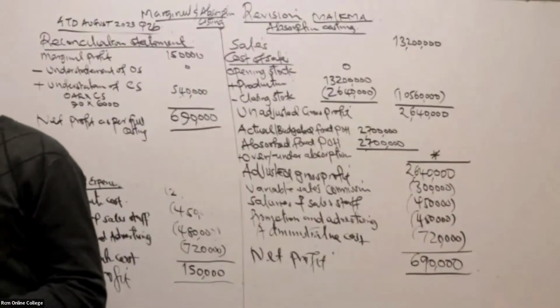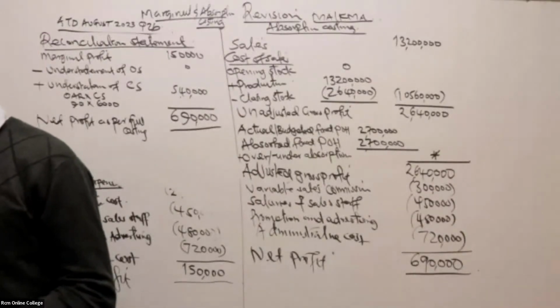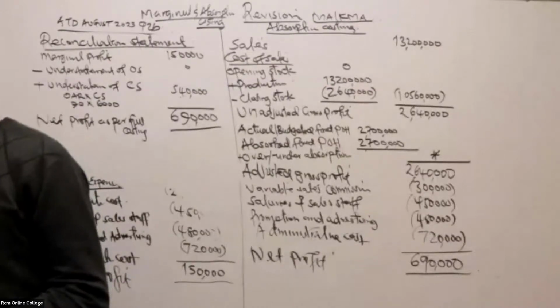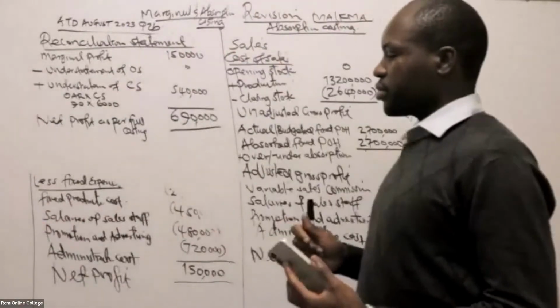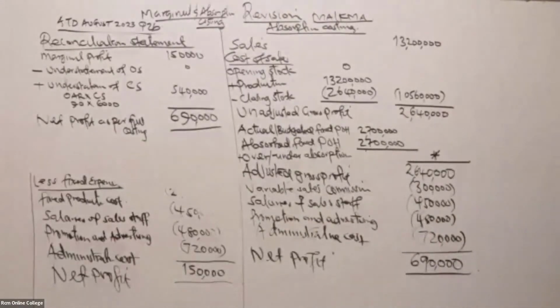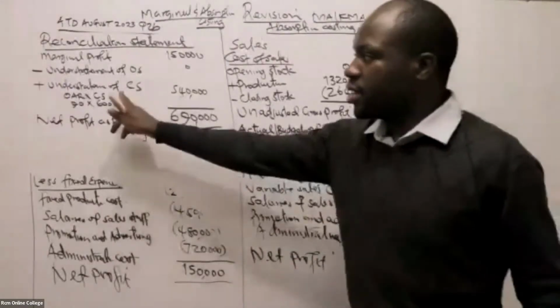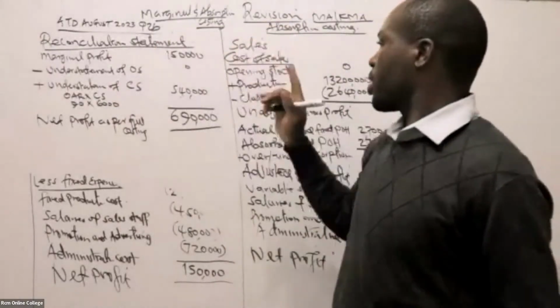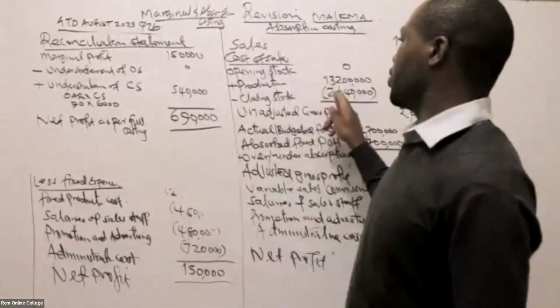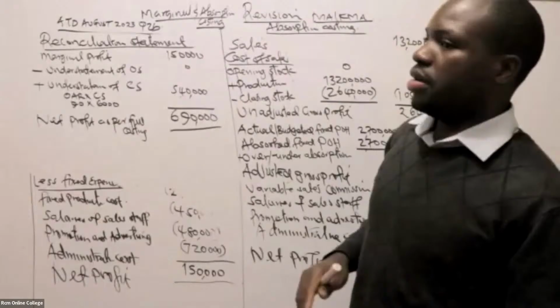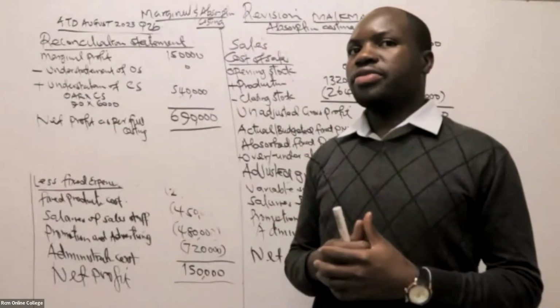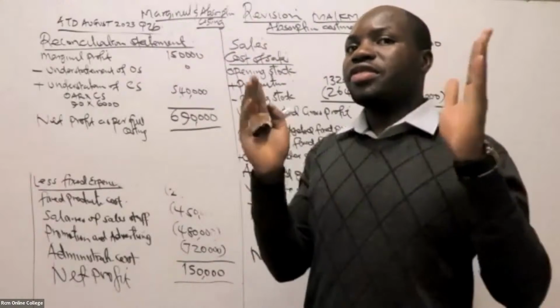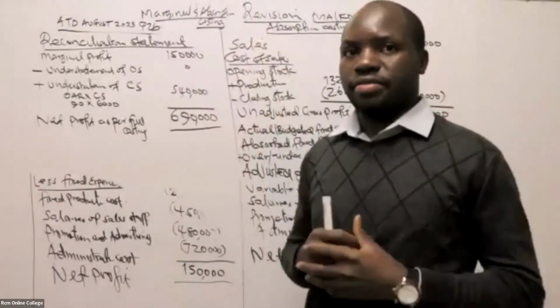But you can say closing stock at absorption less closing stock at marginal, and get 540. We are talking about understatement of closing stock. The closing stock in absorption costing is equal to 2640. The closing stock in marginal is equal to 21, and the difference between the two represents the understatement.